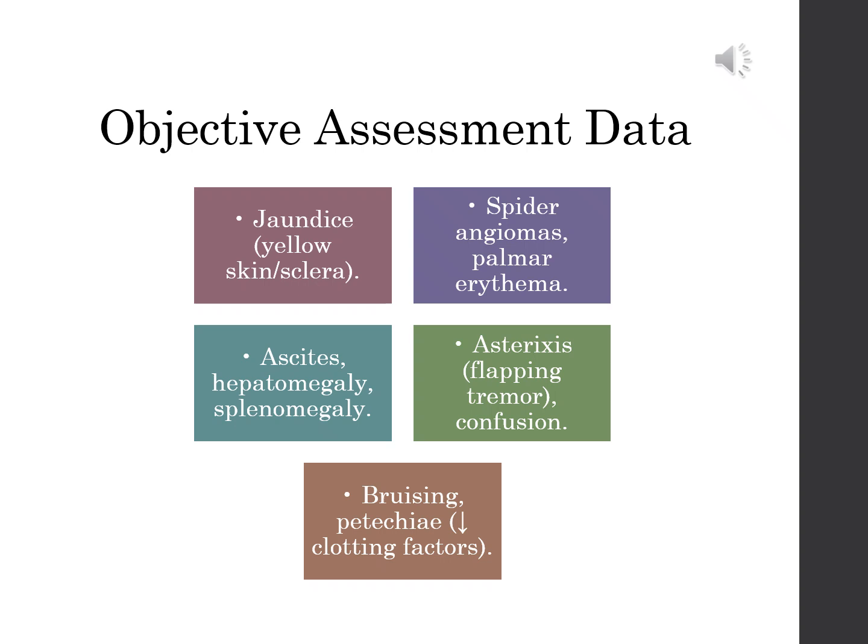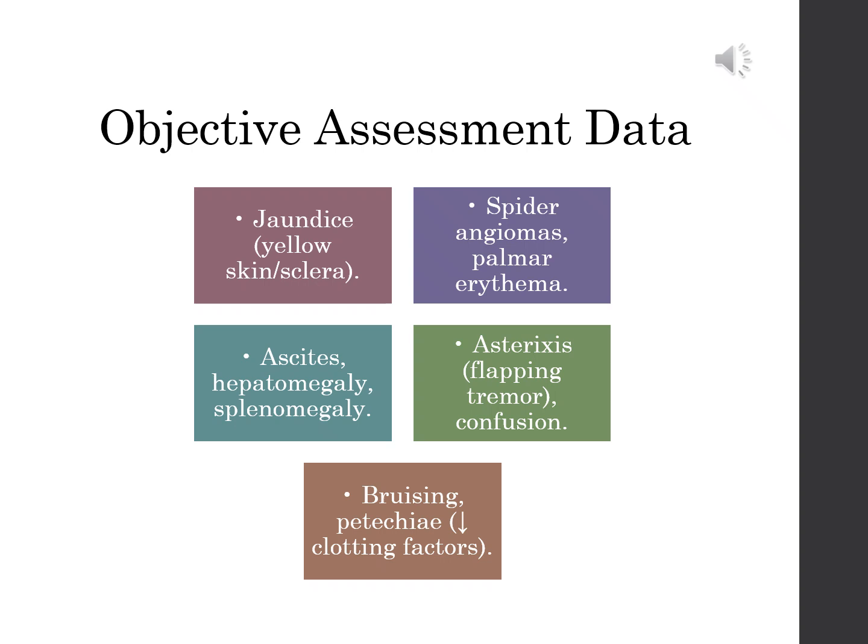Then we may see spider angiomas and palmar erythema. Palmar erythema is redness on the palms and the soles of the feet, and spider angiomas are little spidery looking capillaries, usually on their nose and cheek area, and that's due to the decrease of clotting factors as well.